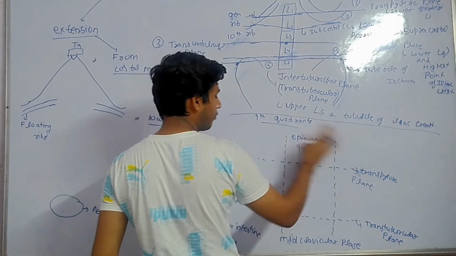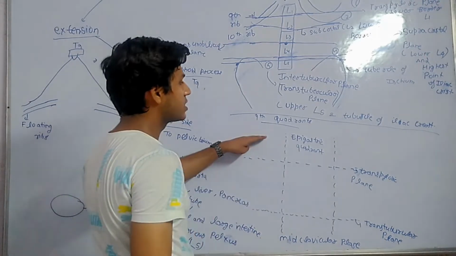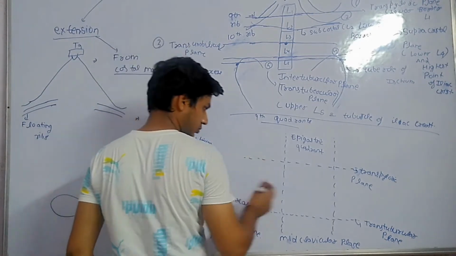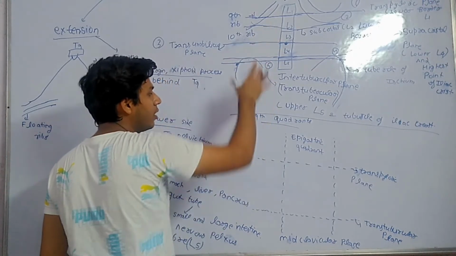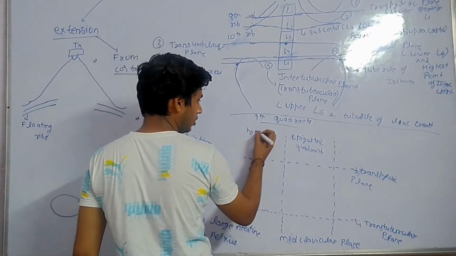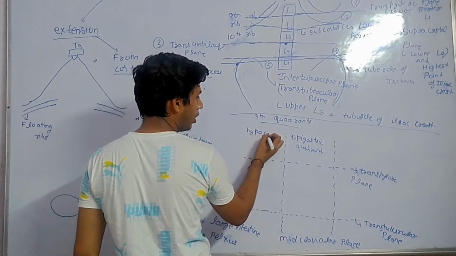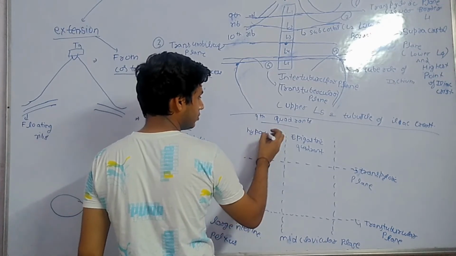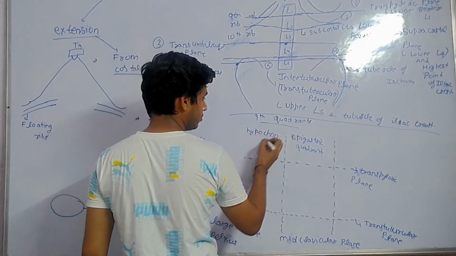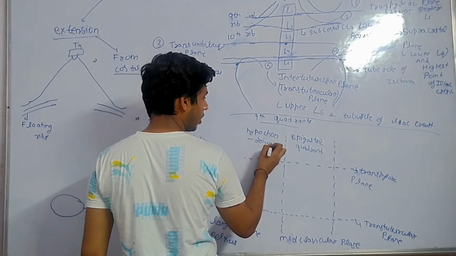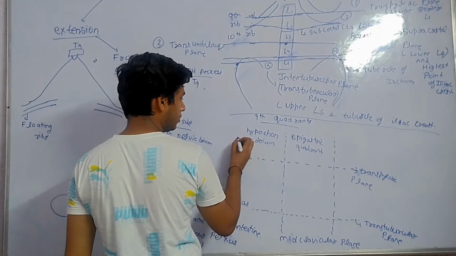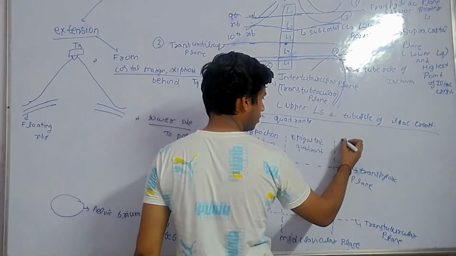Right and left, here we know the lower ribs are present, so this is called hypochondrium. Hypochondrium, why? Because these are the lower ribs present here. Hypochondrium quadrant, this is right, this is left.